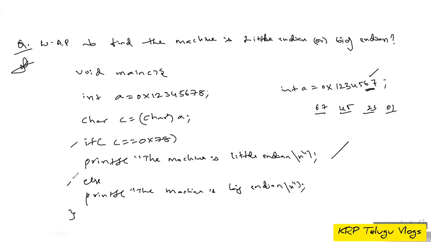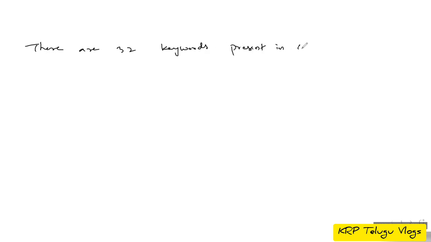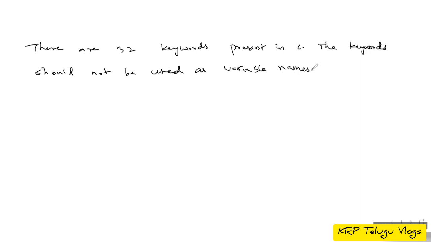Yes, sir. Okay. So now we're done with typecasting. Now we'll move on to keywords. There are 32 keywords present in C. The keywords should not be used as variable names.